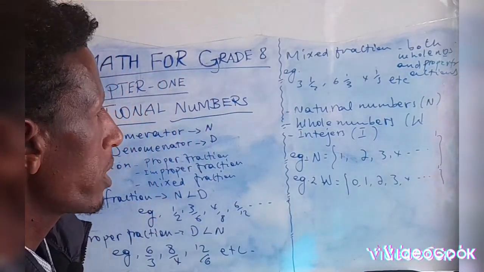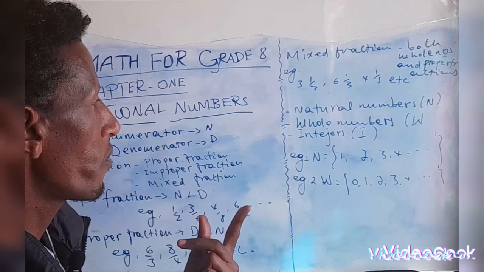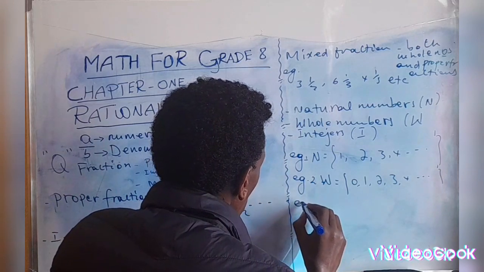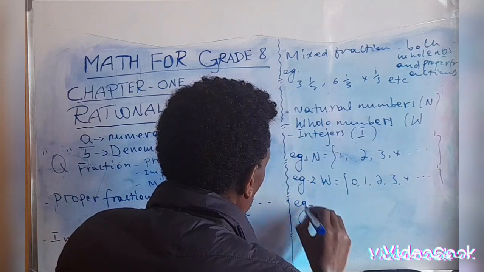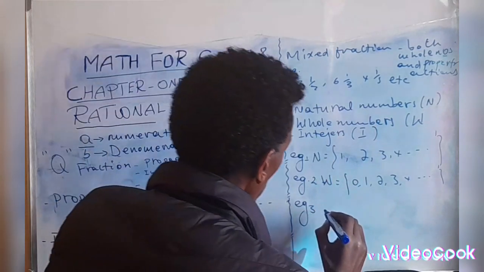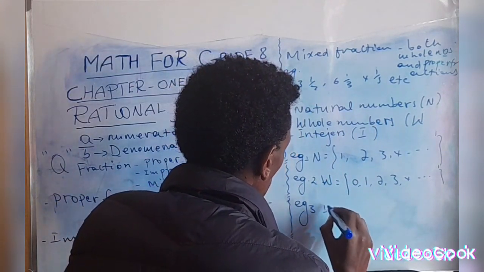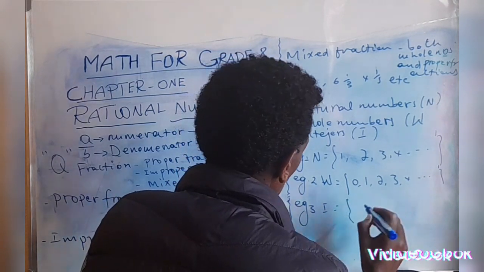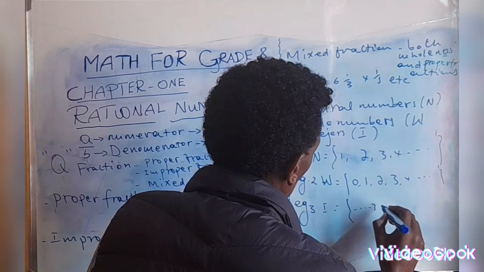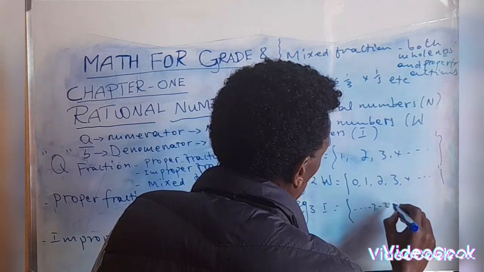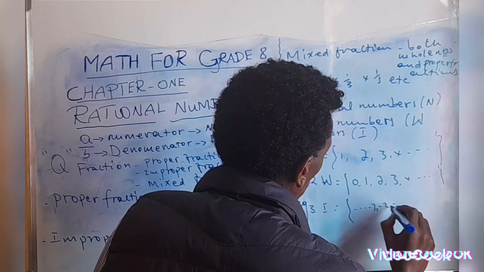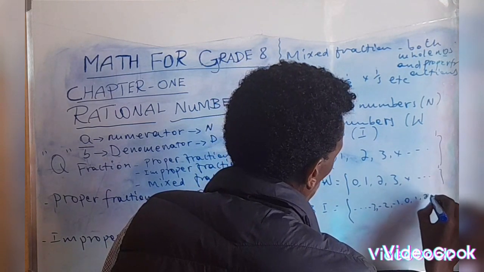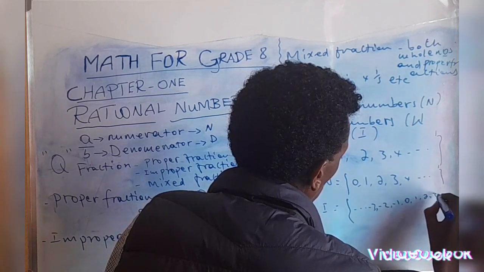An integer is a number that can be positive, 0, or negative. So I is equal to the set containing negative 3, negative 2, negative 1, 0, 1, 2, 3, and so on.